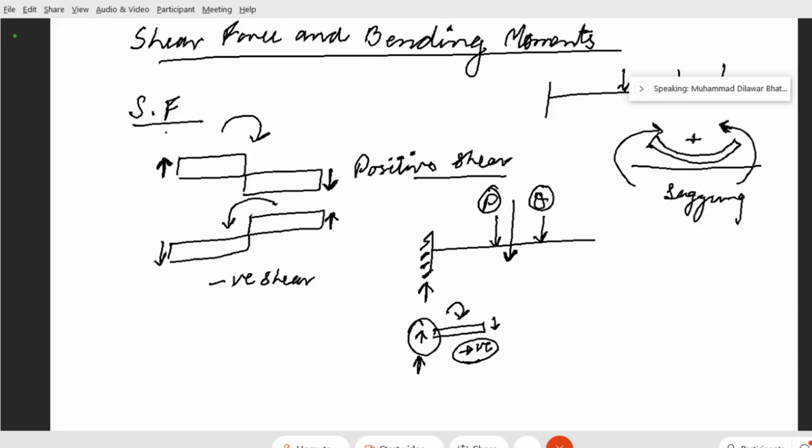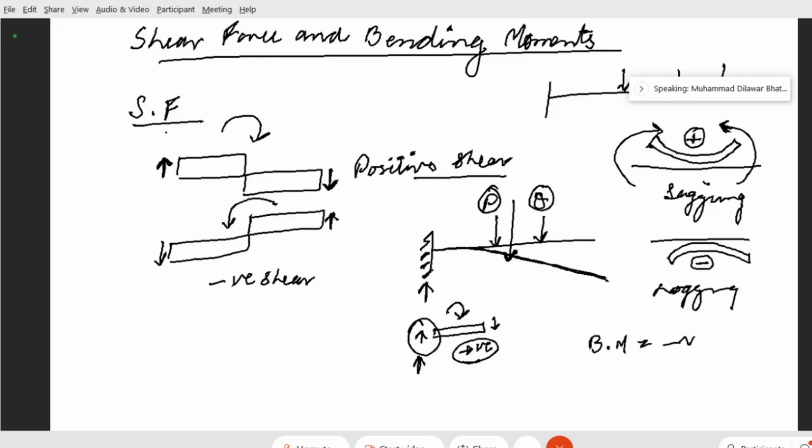This is called sagging moment. And if it is hogging, then in that case it will be negative. This is your hogging and sagging. Now here you can apply this sign convention. You can see that this beam will bend in the hogging direction. Therefore, your bending moment here will be negative.